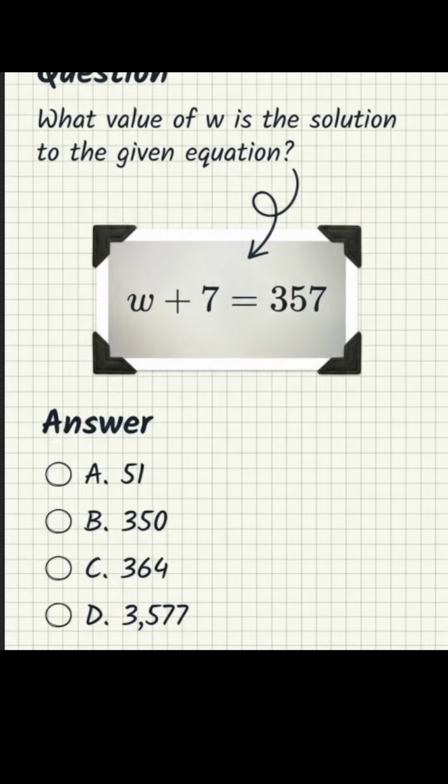A is 51, B is 350, C is 364, and D is 3577. So this is an easy question and you can attempt the answer.